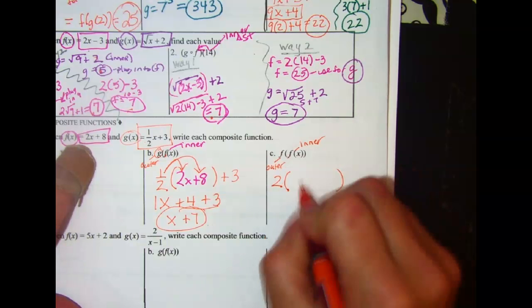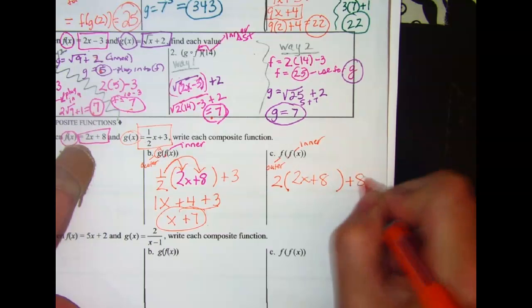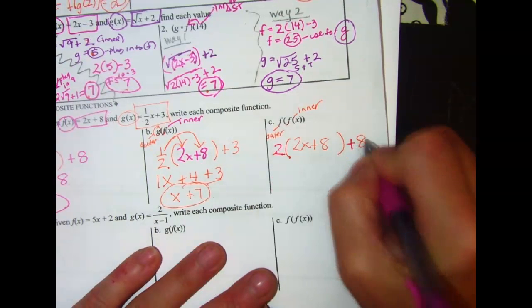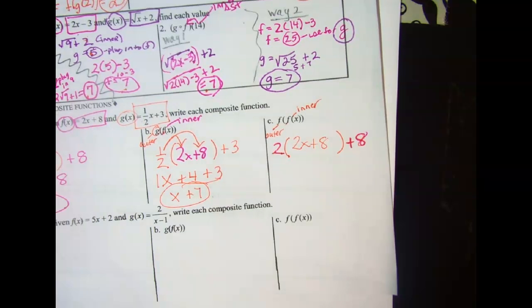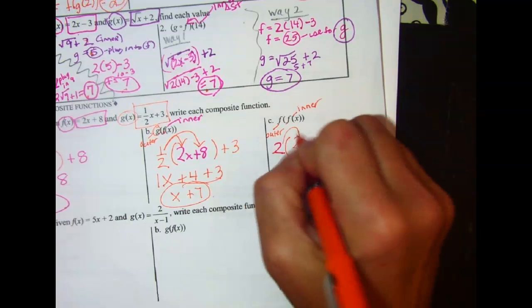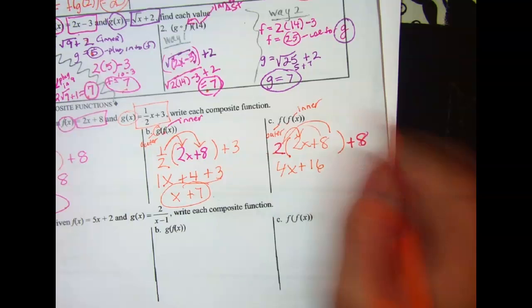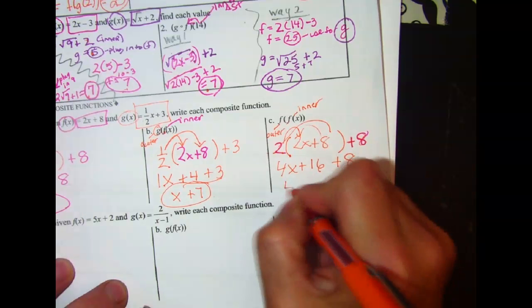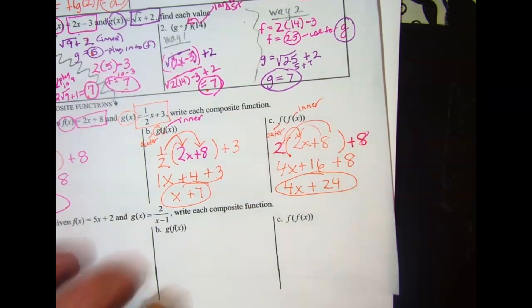It just happens to be the same one, 2x plus 8. Then we close the parenthesis and then plus 8. I'll color code it: this one here, 2x plus 8, our x was our other f. Again, we distribute, so 2 times 2, we get 4x plus 16 plus 8. And when we simplify, 4x plus 24, simplest form.